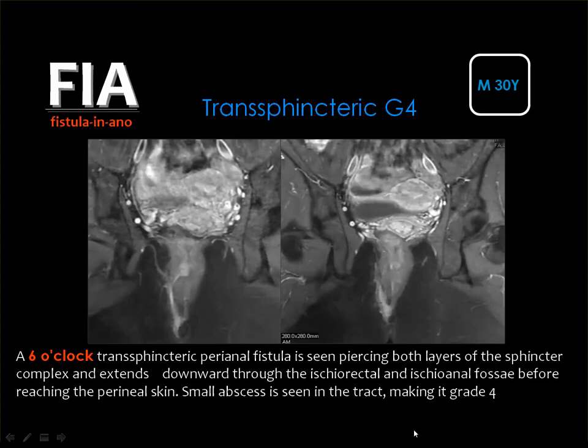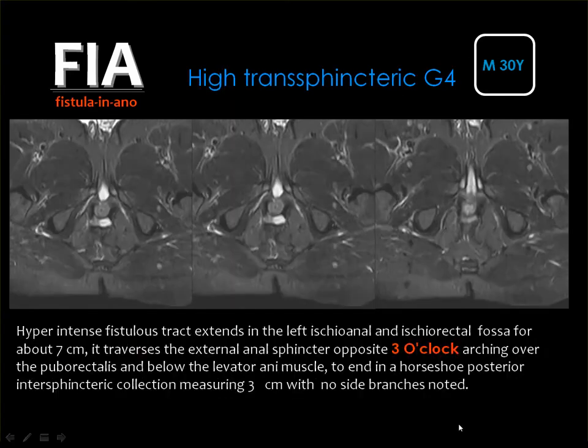And then in the coronal images, you can see the crossing of the external sphincter and the passage of the tract through the ischioanal fossa, ending in this collection, which has upgraded the fistula to grade 4. And I repeat that you cannot say for sure that this collection is an abscess without injecting contrast material.